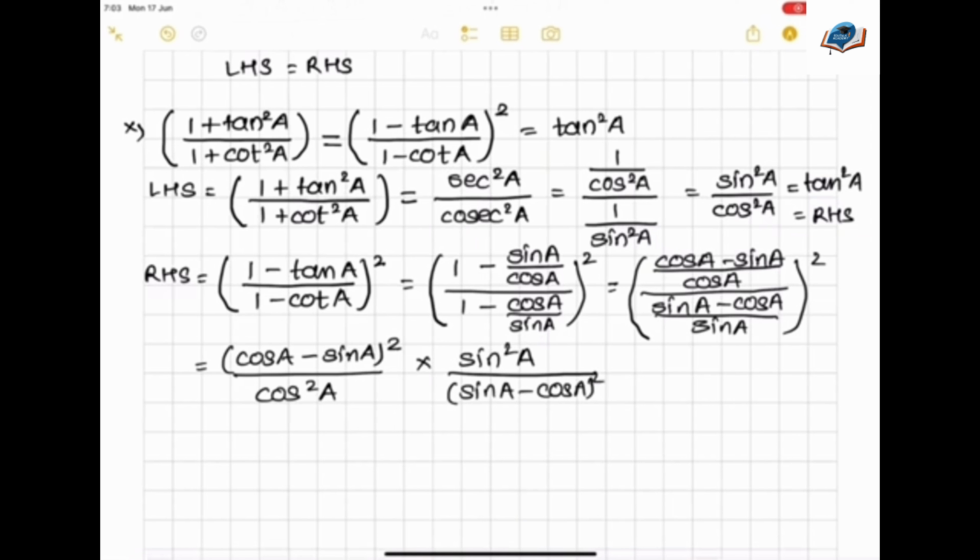So that will be equal to, see, the whole square will get cancelled, cos A minus sin A and sin A minus cos A. So sin square A upon cos square A. The reason is because of minus sin, so whole square if I do it, I will get plus only. So that is equal to tan square A.